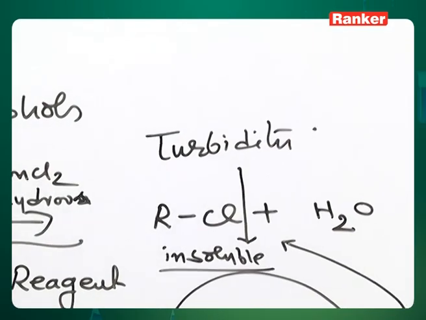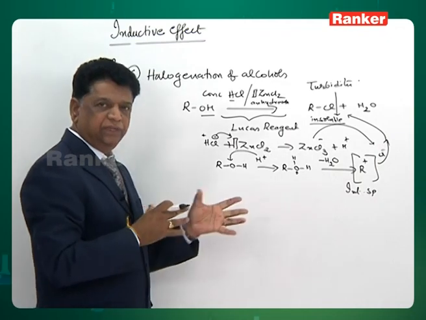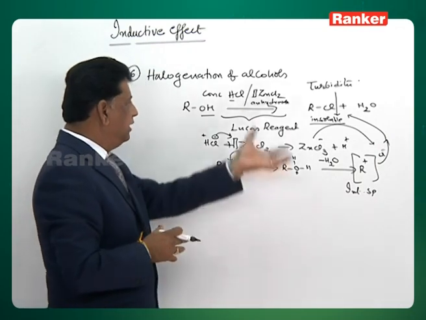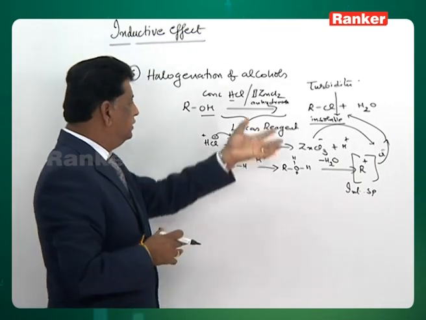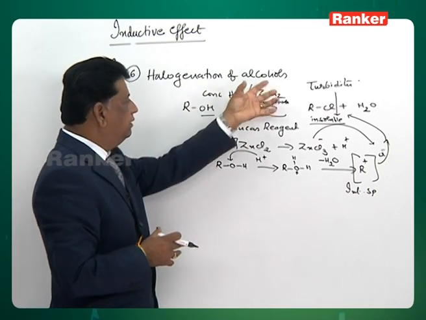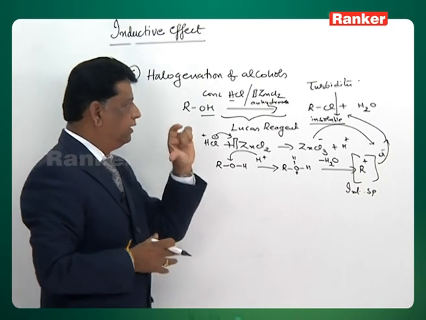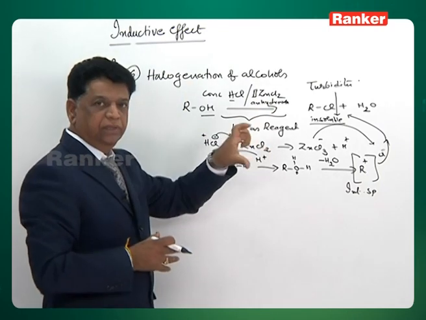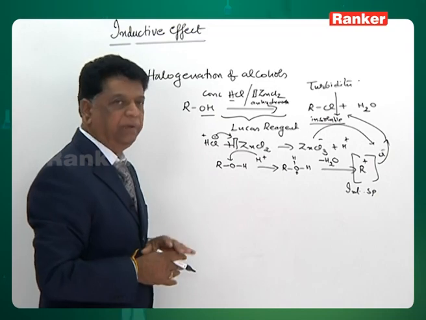So, the moment RCl is formed, because of its non-solubility in the remaining aqueous solution, where zinc chloride, HCl, ROH are all soluble in one layer, you get a turbidity.